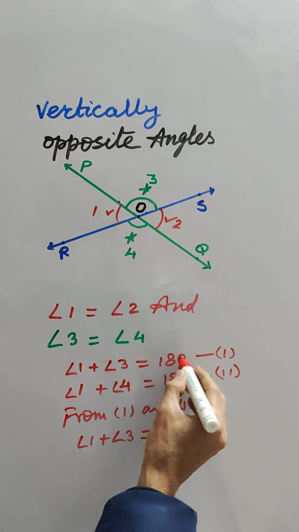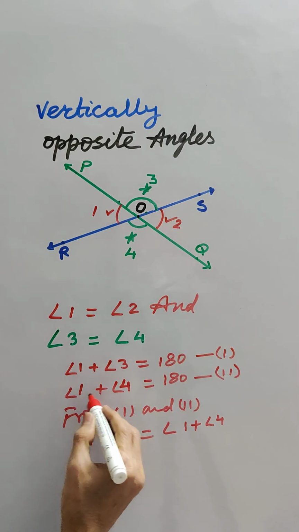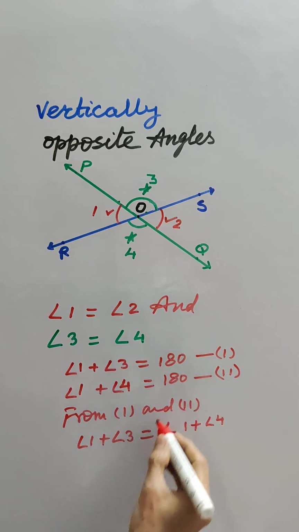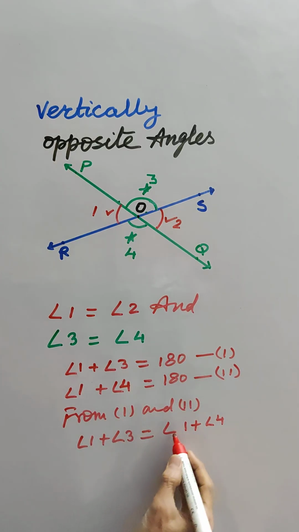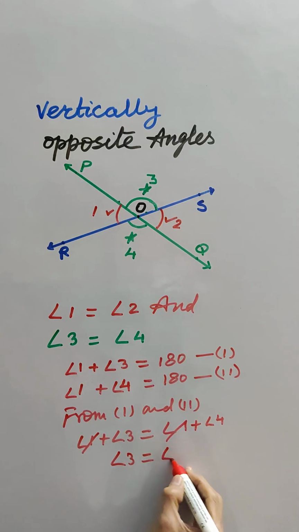So angle 1 plus angle 3 is equal to 180 degrees and angle 1 plus angle 4 is equal to 180 degrees. This way, from first and second, we can prove angle 1 will cancel from both sides. Angle 3 is equal to angle 4. Similarly, we can prove for angle 1 and 2.